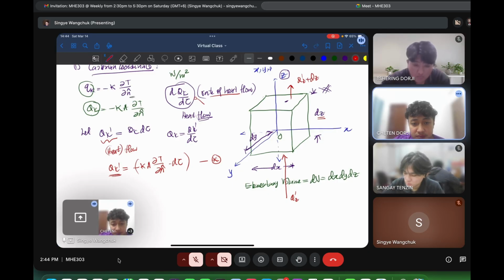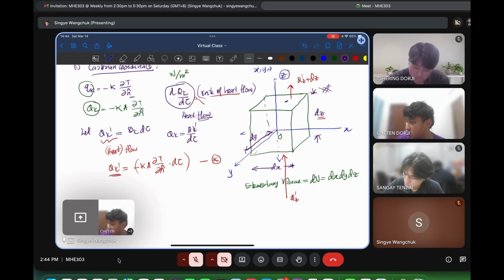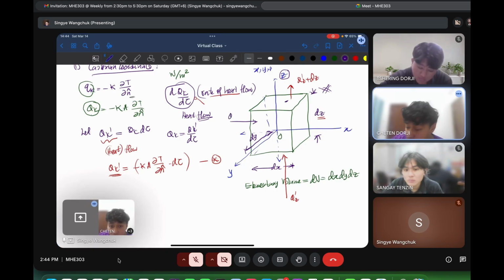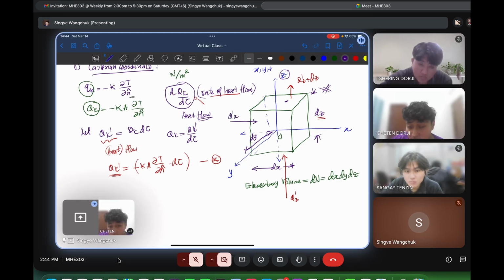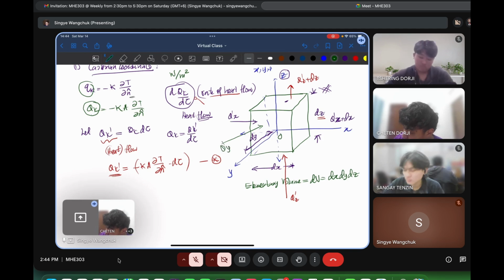Same thing for the other lengths. We have q dash of x, then q dash of x plus dx. Then from here we have q dash of y, and q dash of y plus dy.